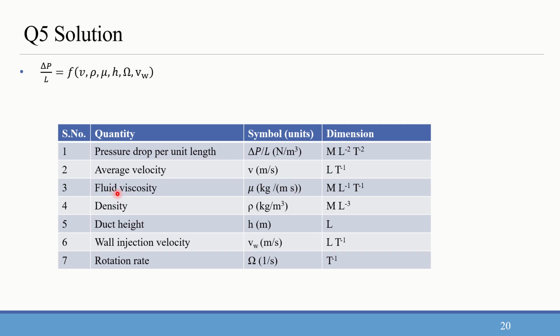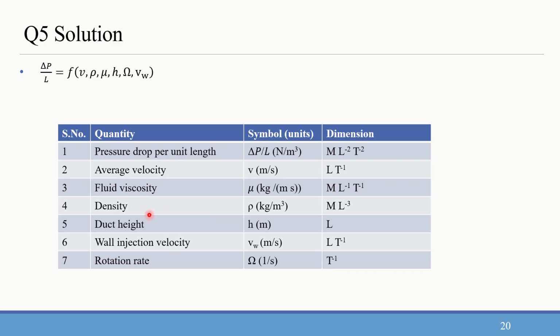Third one is fluid viscosity, given by mu, and its unit is kg per meter second. So kg is M, divided by L for meter and T for seconds, so it is M L minus 1 T minus 1. Density is kg per meter cube, so it is M L minus 3.